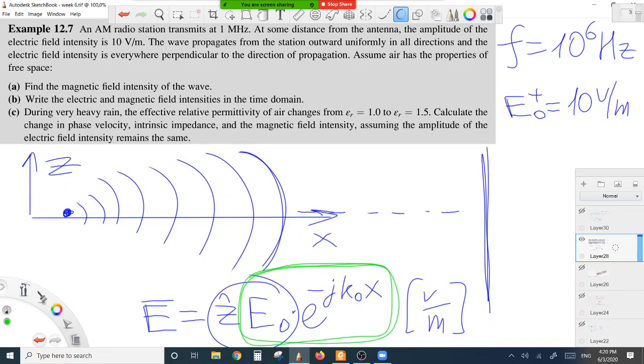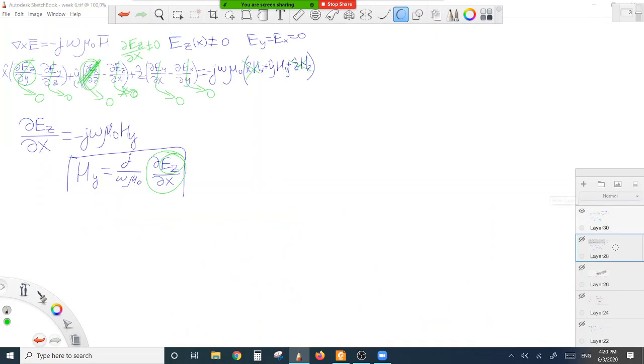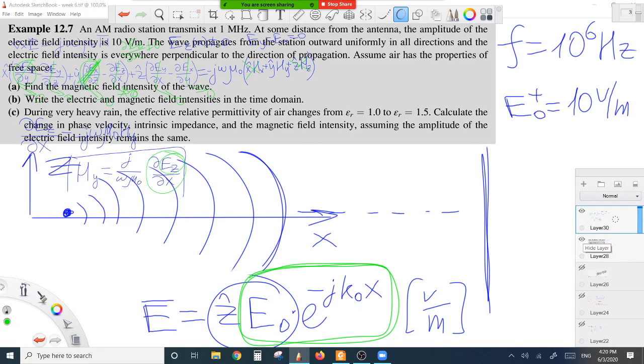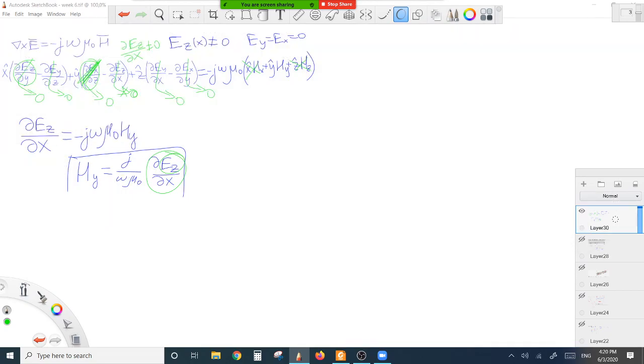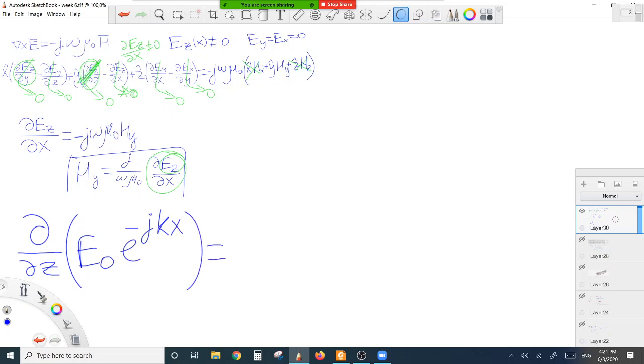And okay, let's go to our last page, and Ez was E0 e to the power of minus j kx, or k0, of course, k0 x.